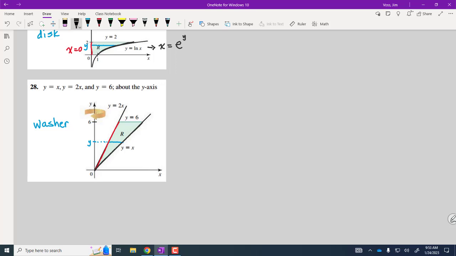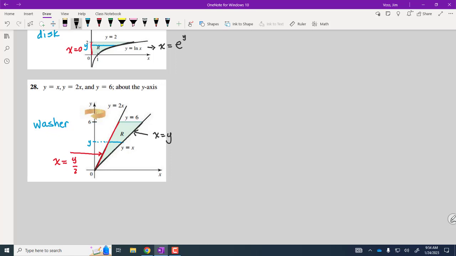Lots of different ways that you can say what we're about to do. So this red curve right here, written as an x value, is y over 2. This curve here, written as an x value, not too hard, I guess, in this case. But we would just switch the order and write it as an x value. X is equal to y.